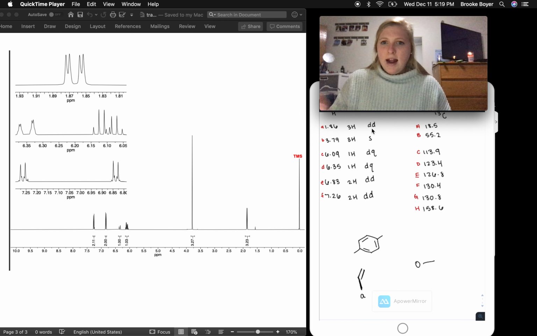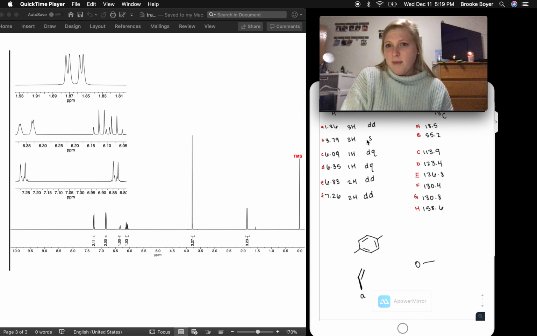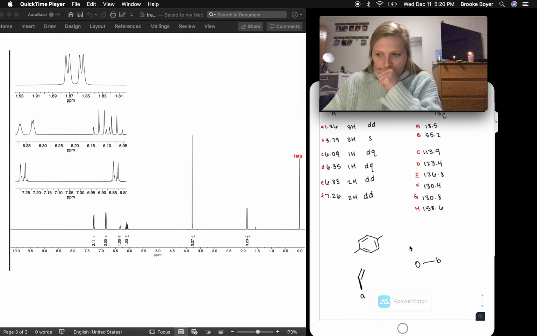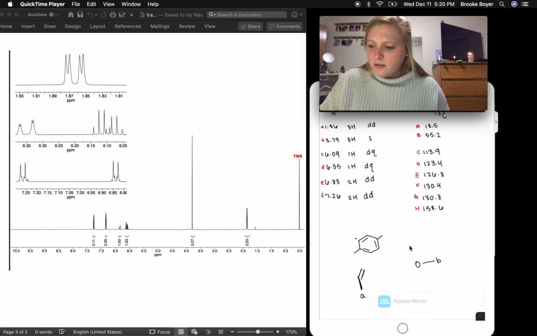And then for B, a singlet, also a methyl, but it doesn't have the same shift as if it came off a benzene ring. So I'm thinking maybe it could be these hydrogens next to this ether group. Since there's also symmetry in the carbon, I'm thinking the symmetry is going to be here for these carbons.